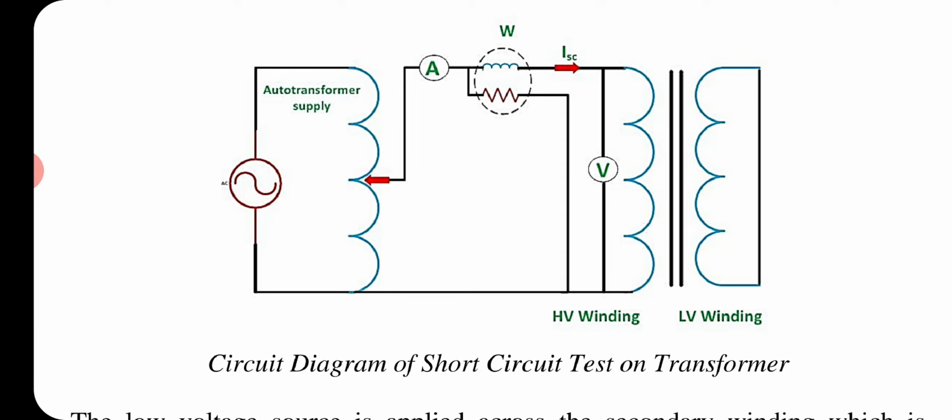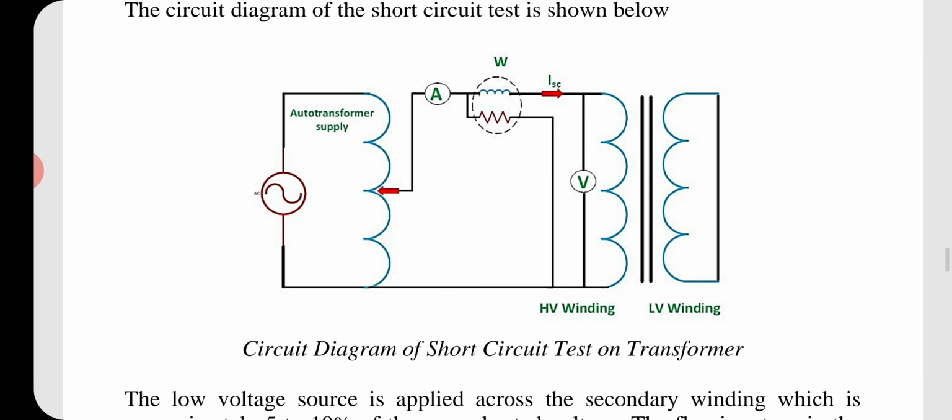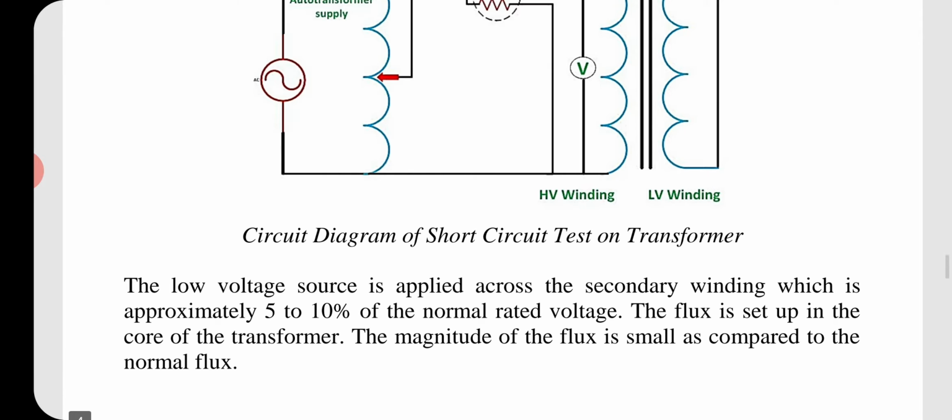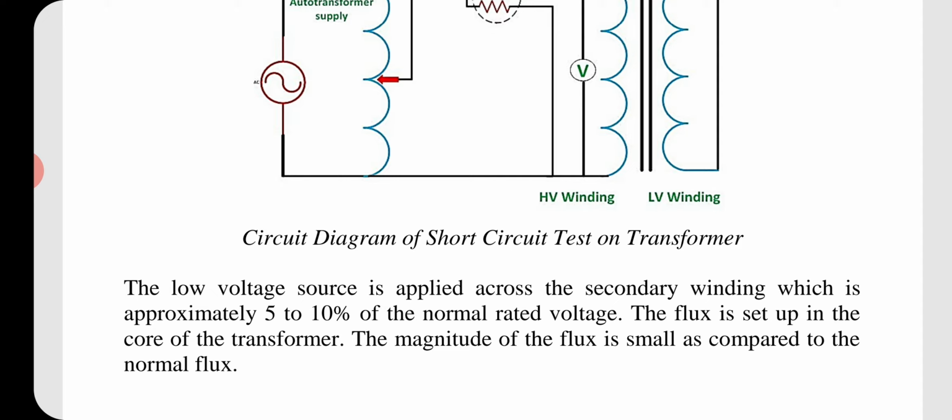So we cannot short circuit it at a higher level of voltage, for safety purposes. So the low voltage source is applied across the winding, which is approximately 5 to 10% of the normal rated voltage.